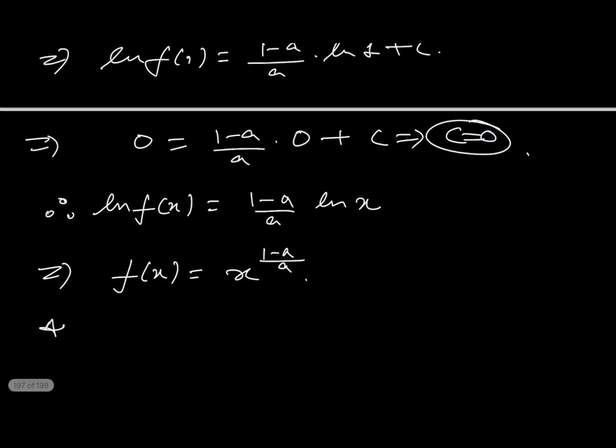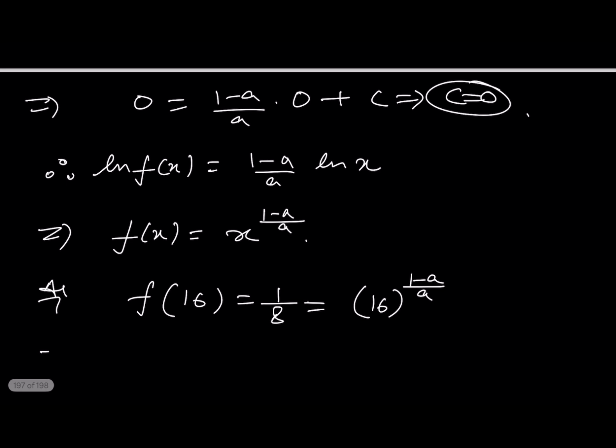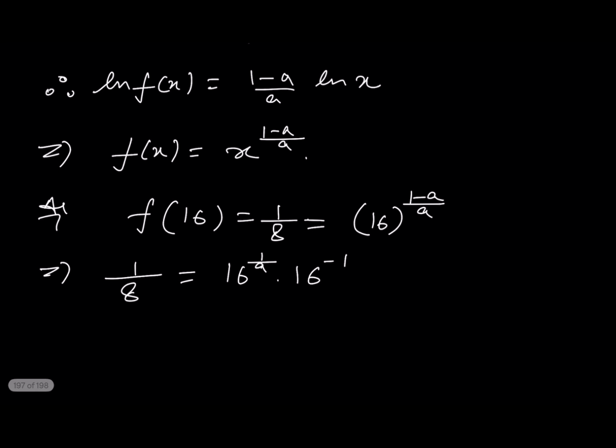And also f of 16 is equal to 1 by 8. So it is equal to 16 to the power 1 minus a by a, right? So I can write 1 by 8 is equal to 16 to the power 1 by a into 16 to the power minus 1, and which I can write 1 by 8 is equal to 16 to the power 1 by a upon 16. 8 to just 16.